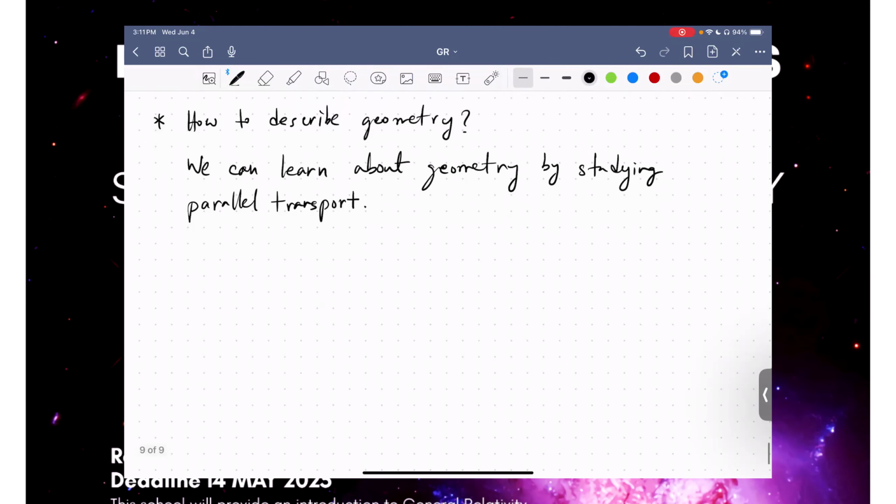And so this then leads us to studying covariant derivatives.